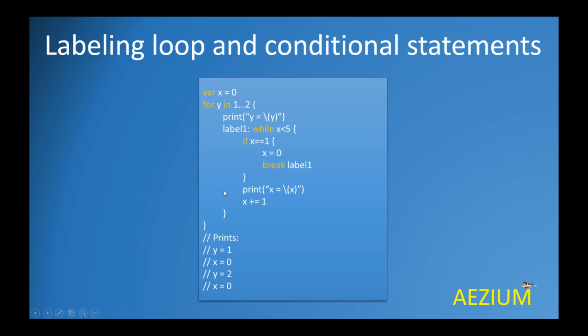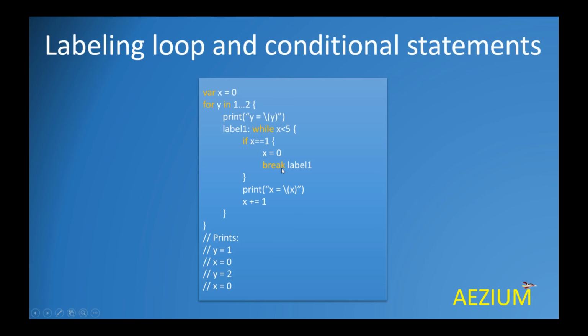Then we repeat this for all the number of times that the while loop is supposed to be repeated. If x is equal to 1, what happens is that we set x to 0, and then we encounter a break. A break here is indicating that it's going to be applied to the statement whose label is label 1. So in that case we are talking about this while loop statement.